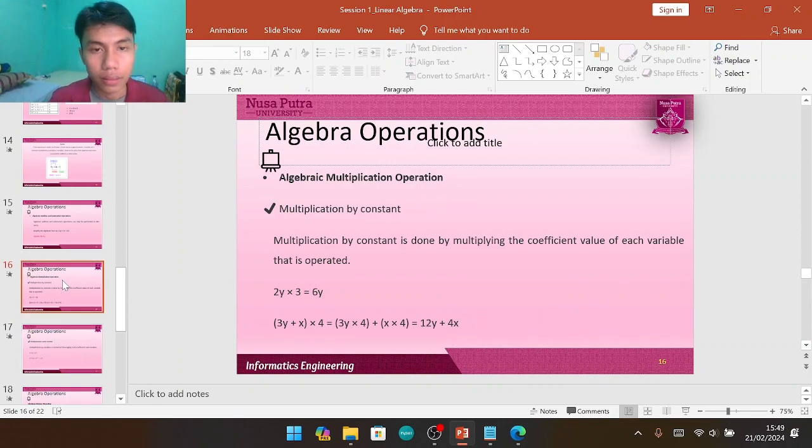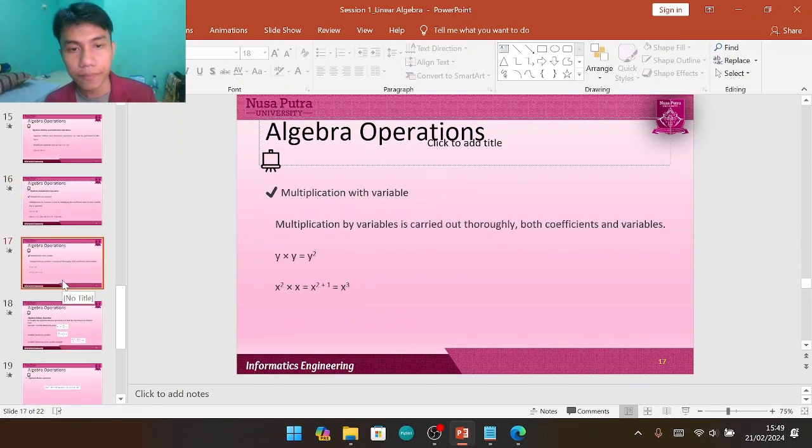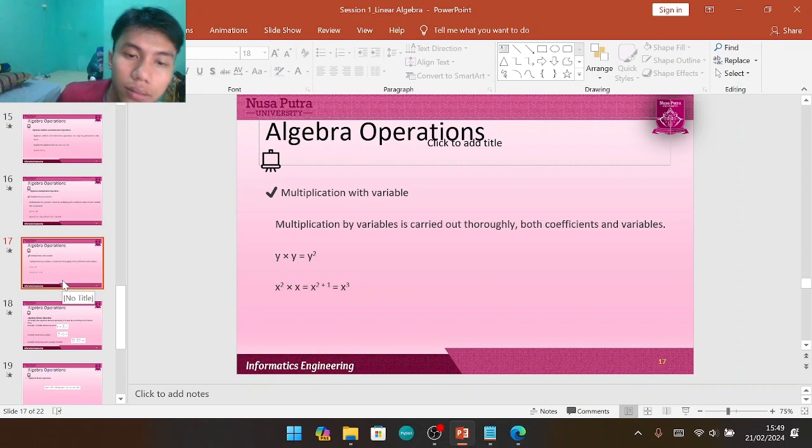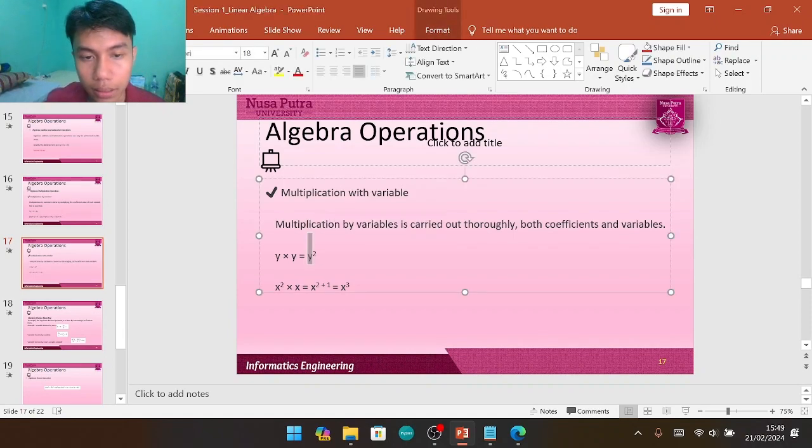Okay, next, multiplication with variable. Multiplication by variables is carried out thoroughly, both coefficient and variable. So there's an example here. y multiplied by y results in y power 2.